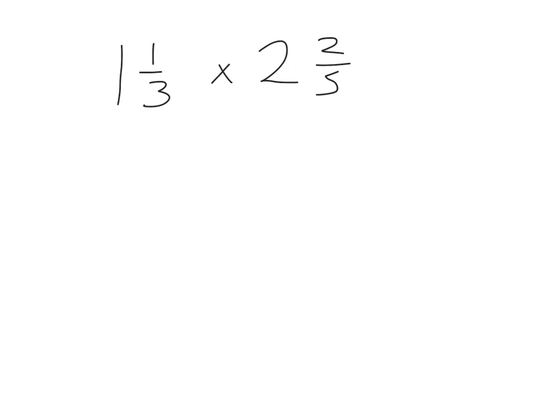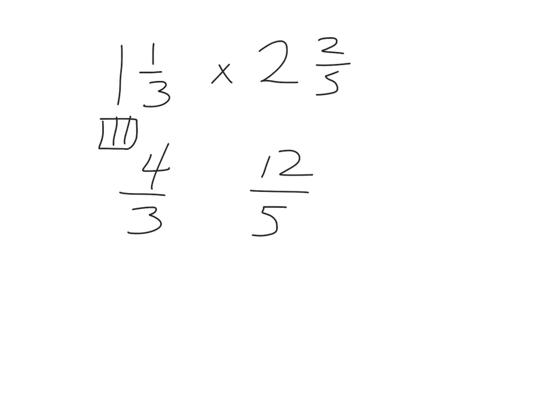I can recognize that 1 is the same as 3/3 plus that 1/3, so I have a total of 4/3. Same here. I can recognize that 2 wholes is the same as 5/5 and 5/5, or a total of 2 times 5, which is 10/5, plus 2 to get a total of 12/5.